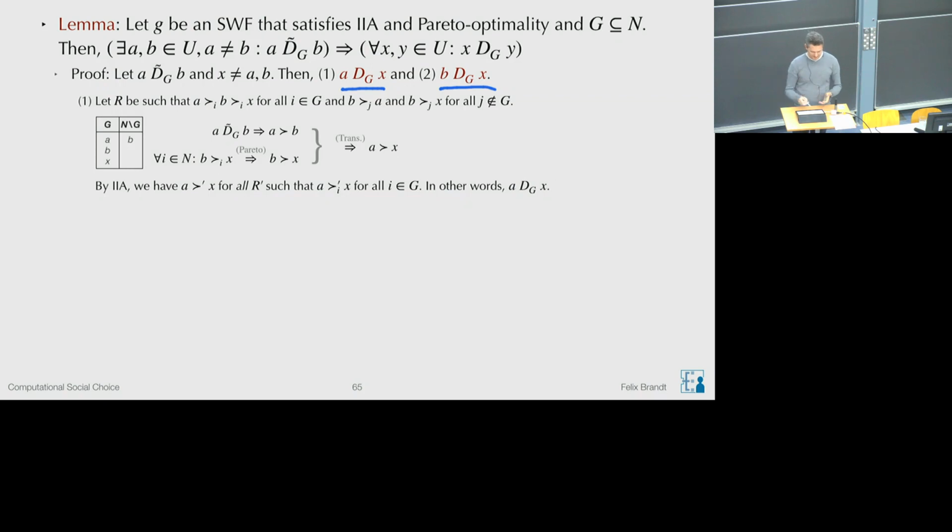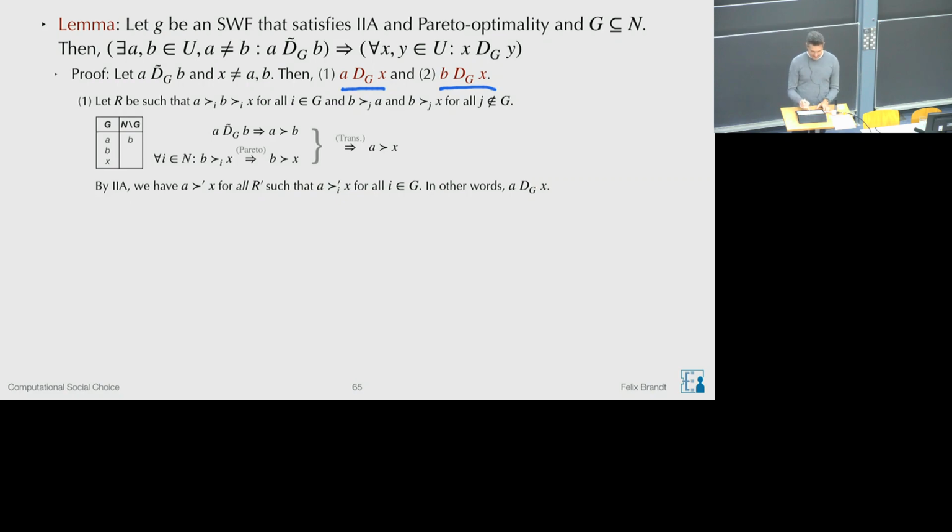Okay, so what usually puzzles people the first time is how we can draw a specific preference profile here and then draw such a general conclusion, but it is because of IIA. So you can also think of it the other way around, where we just take an arbitrary preference profile where A is on top of X, and we don't know anything about the relative ranking of A and X by the other voters, and then we construct this preference profile here from scratch, where the voters have the same preferences over A and X if they are contained in the group G, and there's this new alternative added.